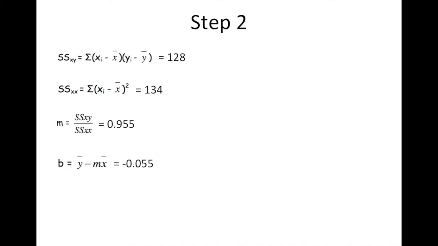Then we calculate the y-intercept b, which equals negative 0.055. Step 3. So after we find that, the equation of the line is y hat equals 0.955x minus 0.055.